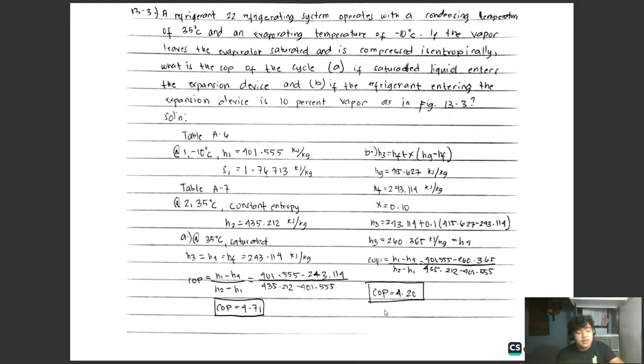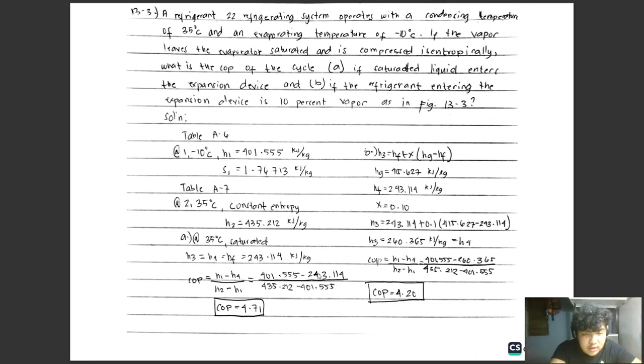So, moving on to chapter 13. A refrigerant 22 refrigerating system operates with a condensing temperature of 35 degrees Celsius and an evaporating temperature of negative 10 degrees Celsius. If the vapor leaves the evaporator saturated and is compressed isentropically, what is the COP of the cycle if the saturated liquid enters the expansion device, and if the refrigerant entering the expansion device is 10% vapor, as in figure 13-3?